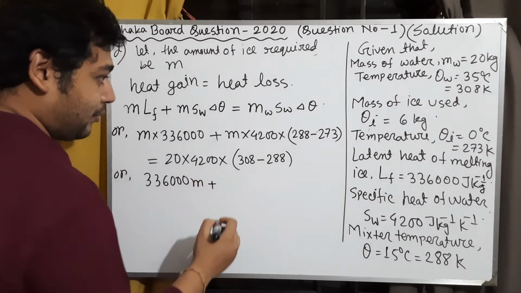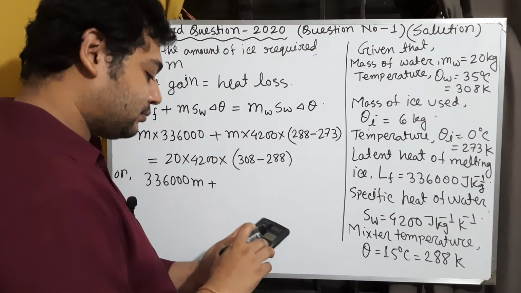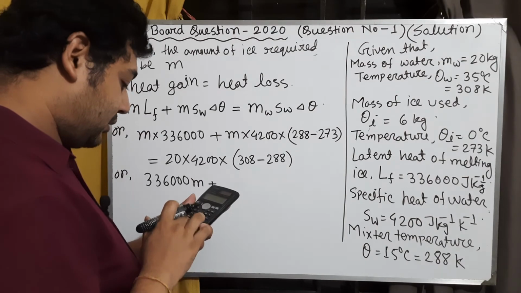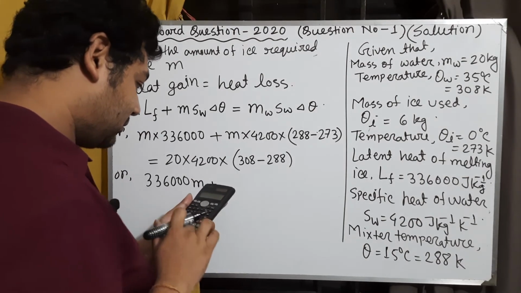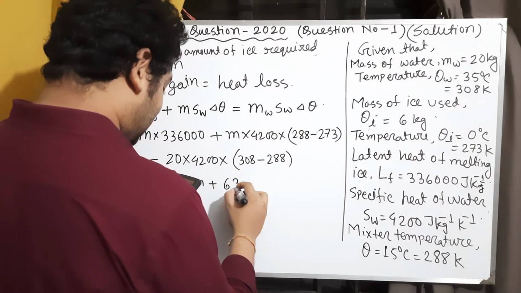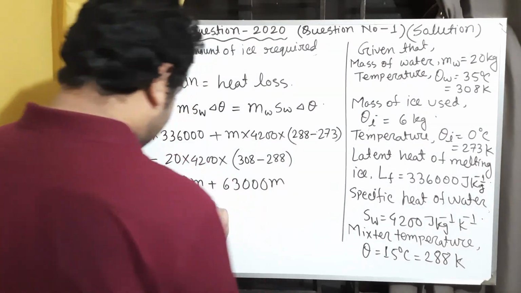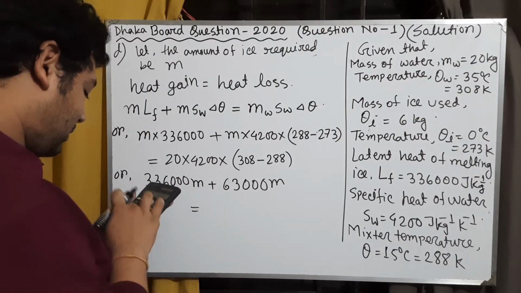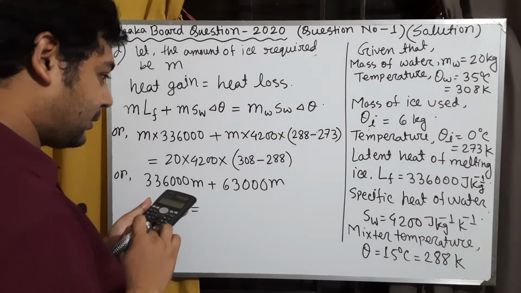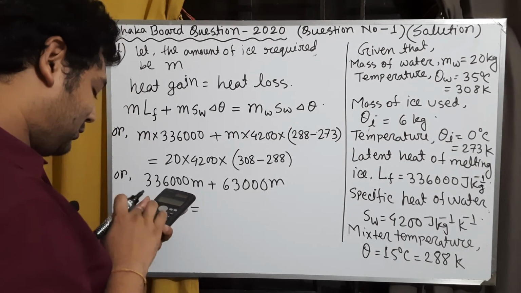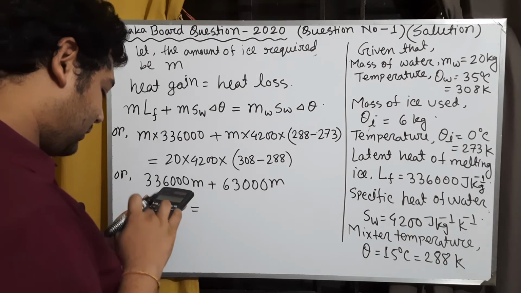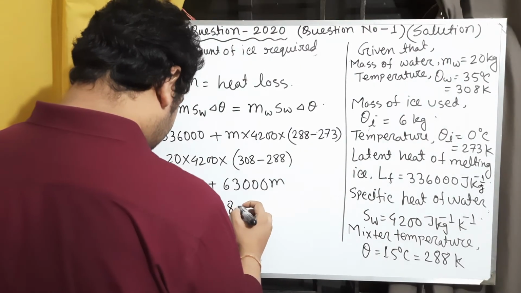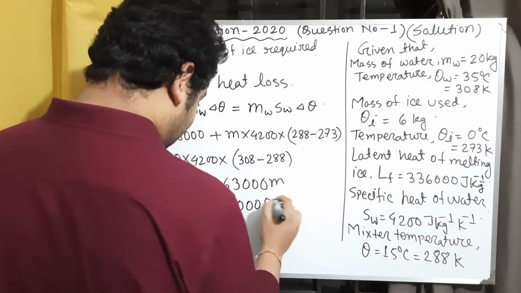Calculating this, we get 336000 M plus (288 minus 273) into 4200 M, that is 63000 M, equal to (308 minus 288) into 4200 into 20, which is 1680000.